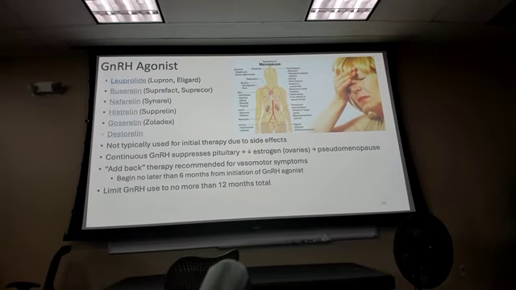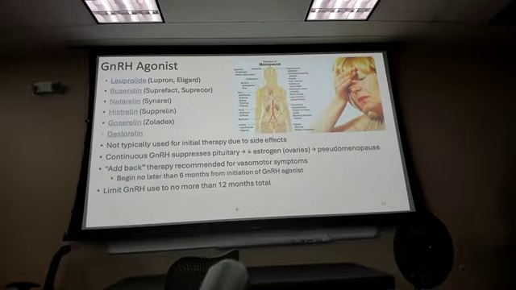And then for patients who are on GnRH, what we have to think about is, if these medications work well for this patient, so let's say we put them on Leuprolide and we're like, oh man, this works great. How can we maybe reduce the potential of them having those menopausal side effects? We can do something called add-back therapy. So the literature talks about add-back therapy, that we should begin it.